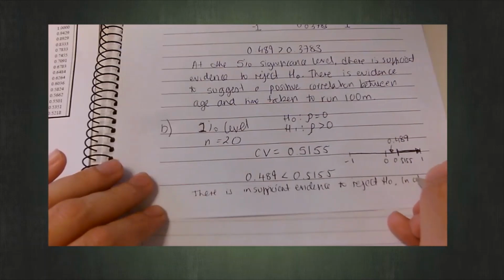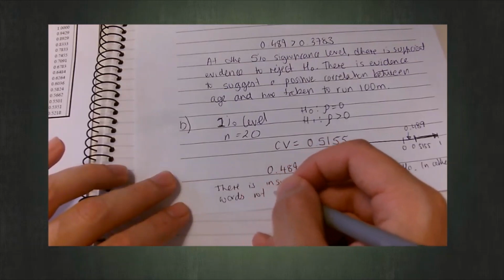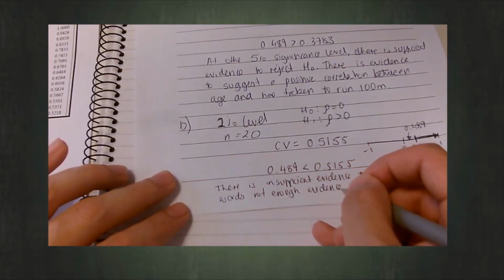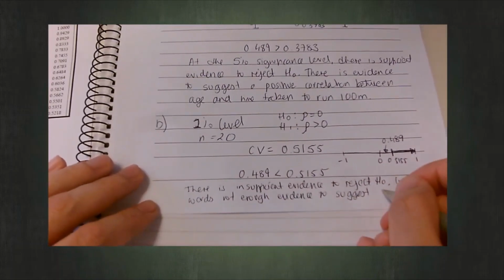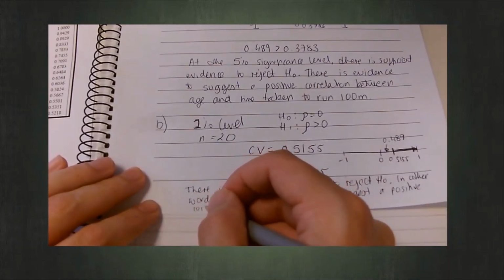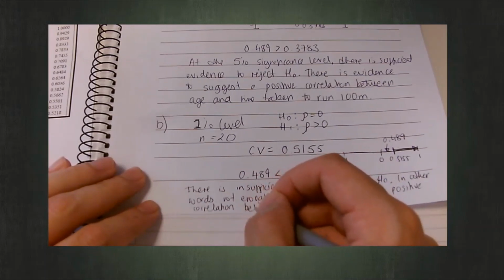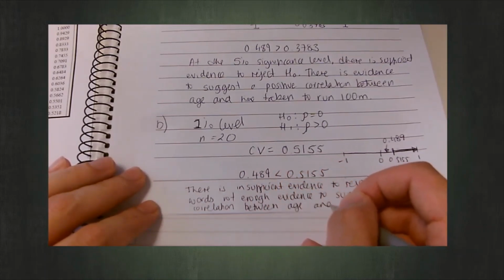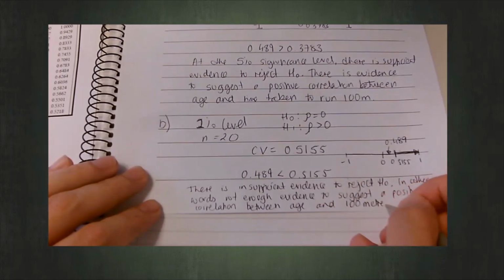In other words, not enough evidence to suggest a positive correlation between age and 100 meter running.